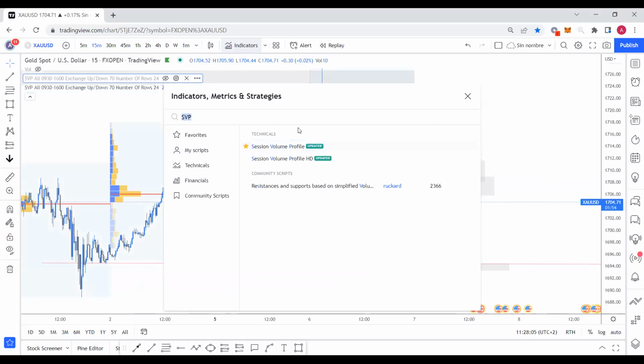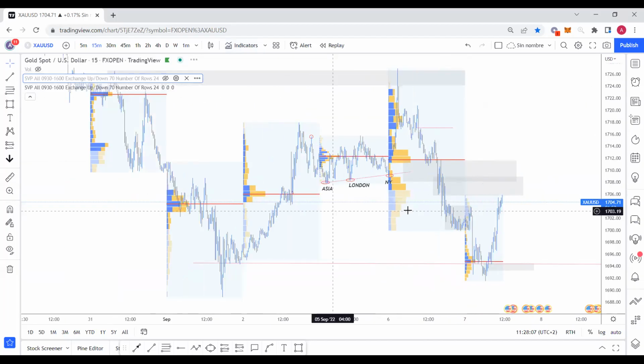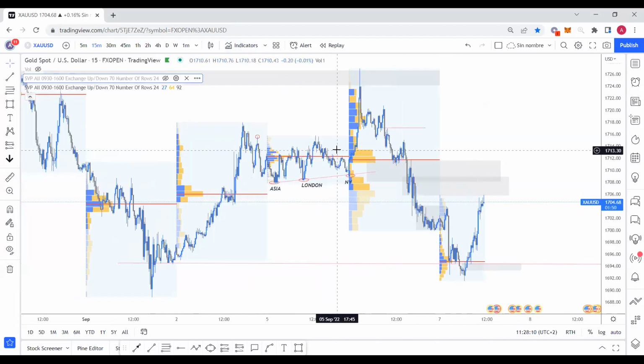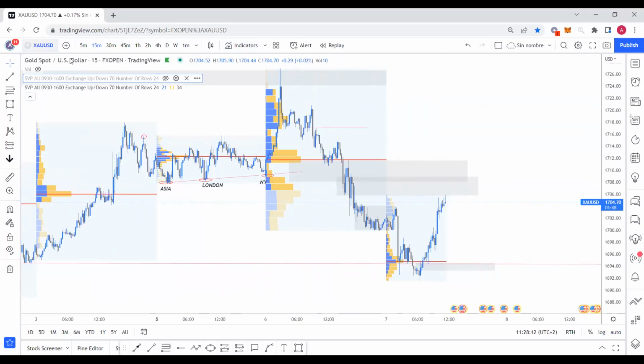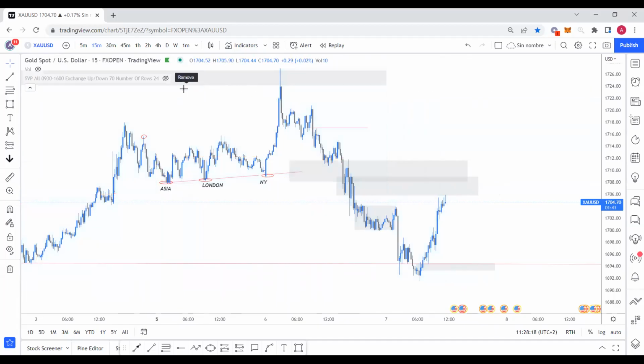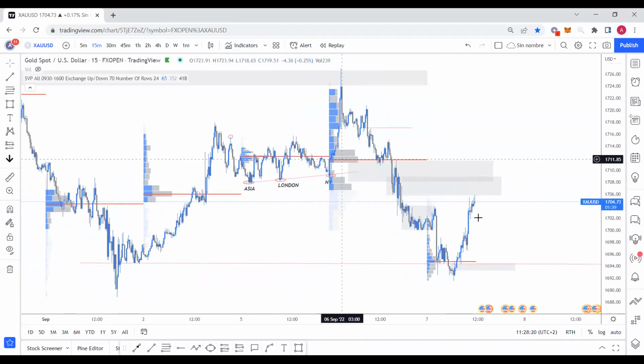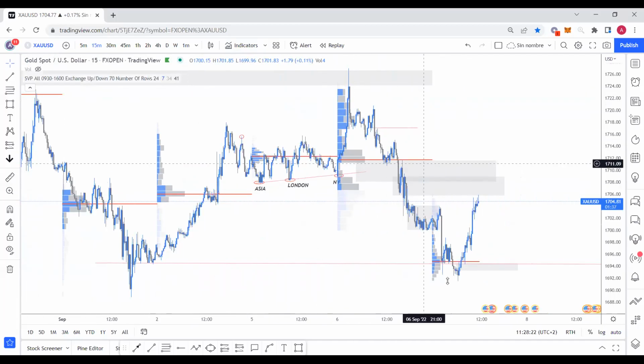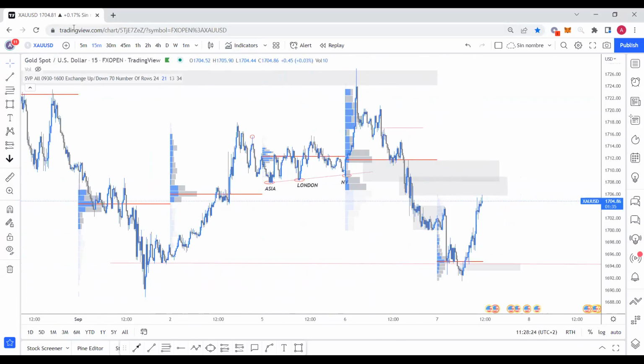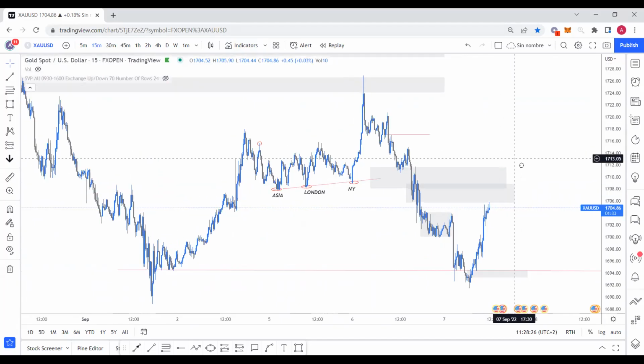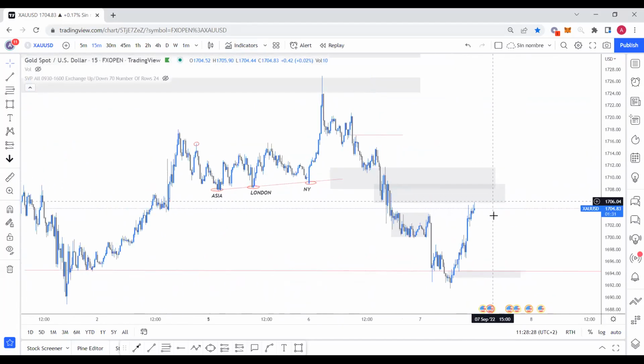And you will have this thing added. Then you can modify your colors or whatever, but the configuration I use is the one that comes already set, okay? That's the settings I have, okay? I just changed a bit the color, I took away the background, and that's it, okay? That's all the settings I have for my point of control.